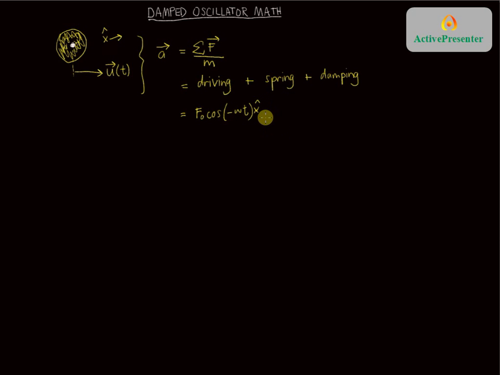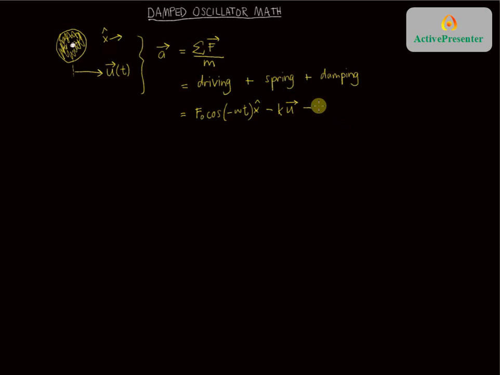We've got a spring force, which we are used to calling from freshman physics as minus kx. Now we're writing displacement as u, so I'm going to write it as minus ku. And then there's a damping force, and that's also going to be lossy, so a minus sign, it opposes your velocity.